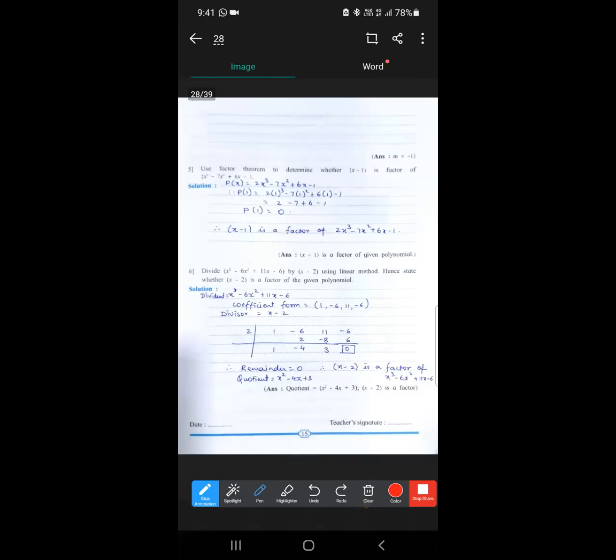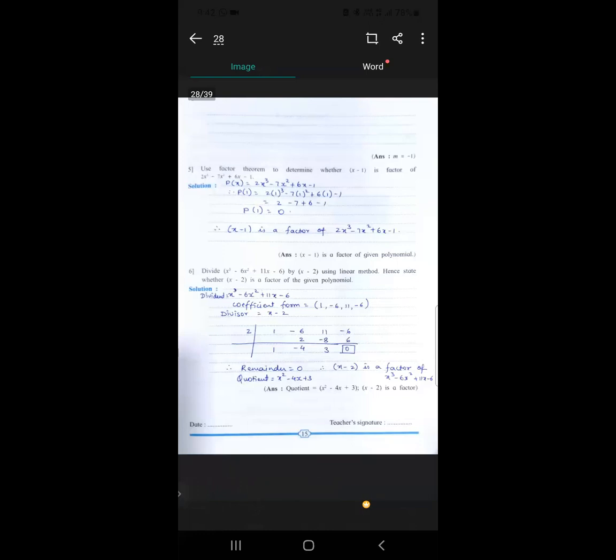Apart from these three, finding the factors, or factorization, is also very important. So in this particular chapter, chapter number 3, Polynomials, you should know whether the given expression is a polynomial or not, what the highest degree of the polynomial is, and how to arrange the given polynomial in ascending order.